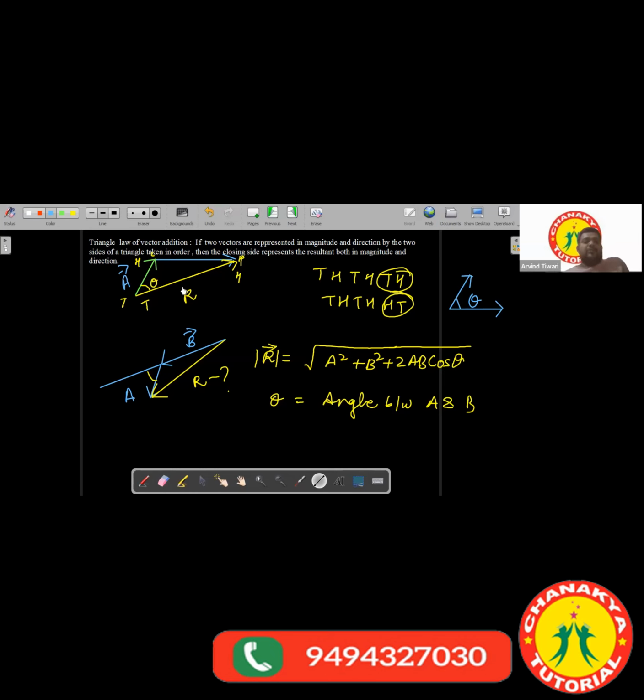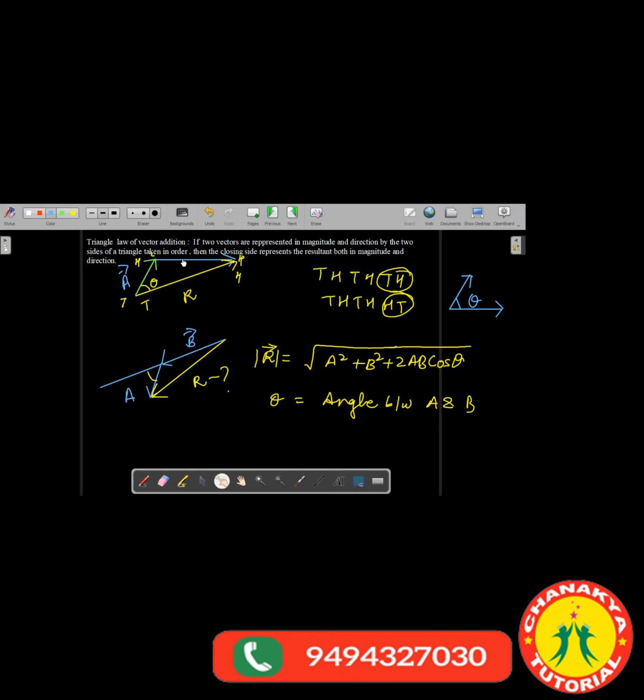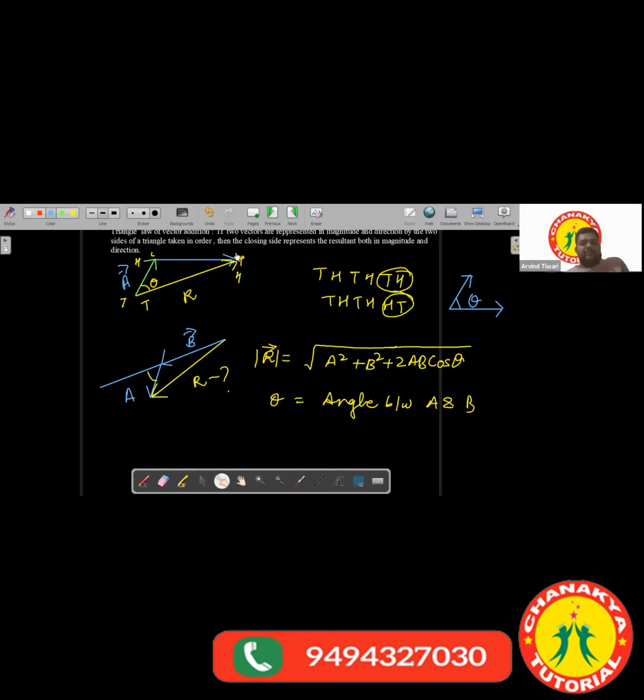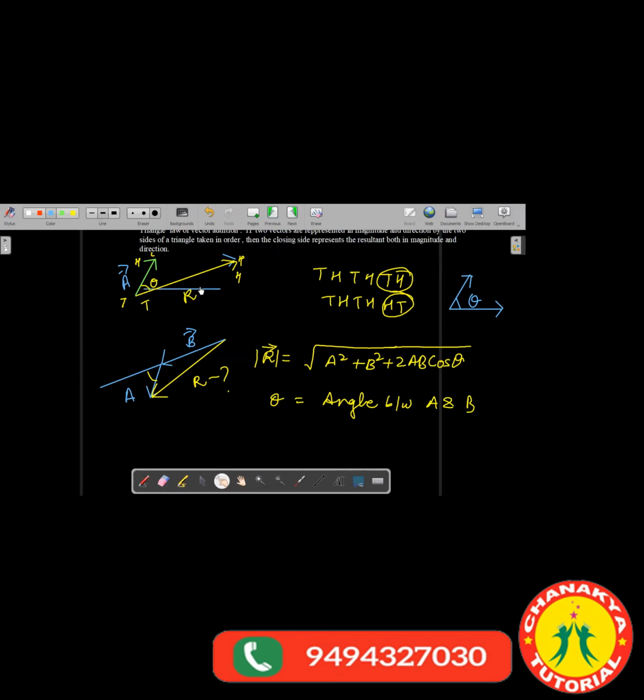Let me show you. So if you take this over here, it's moving. So if you take it here, can you observe what's the theta, the angle between A and B? Are you getting the complete angle? Yes, sir.